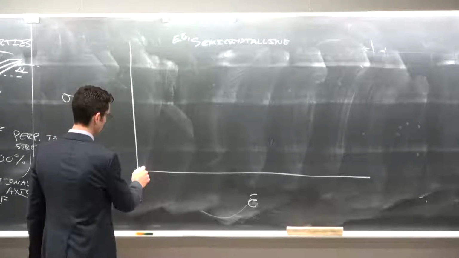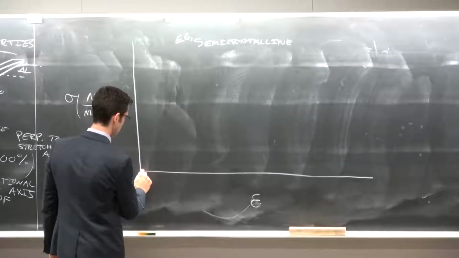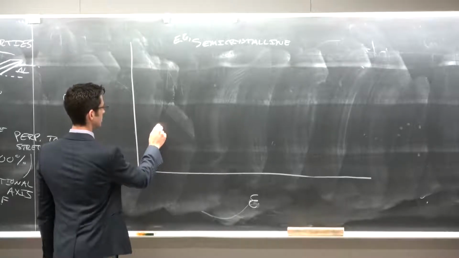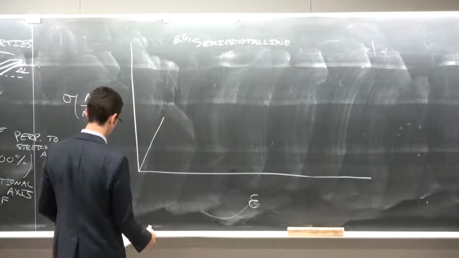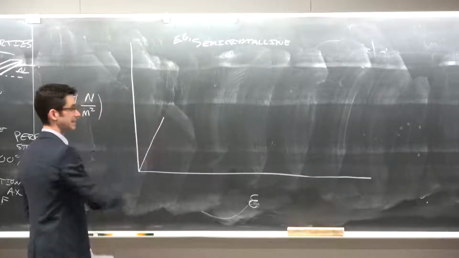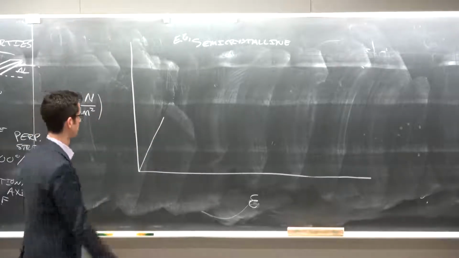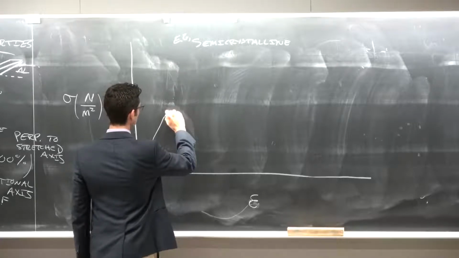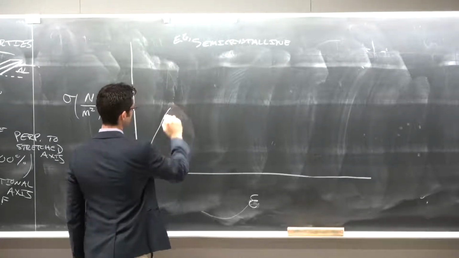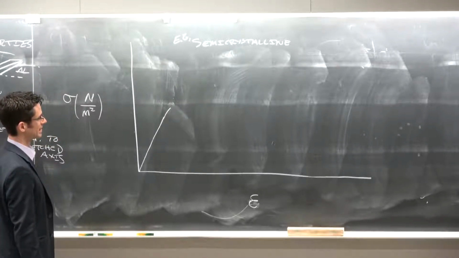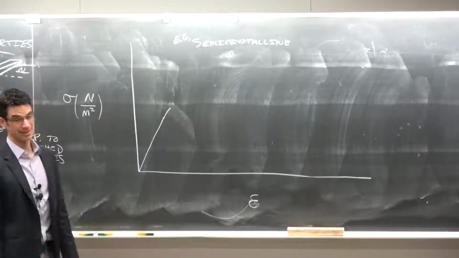So in the regime of low deformation percentage, we have a straight line. And this is the elastic behavior. Then there can be some portion where it's still elastic, but not linearly elastic.